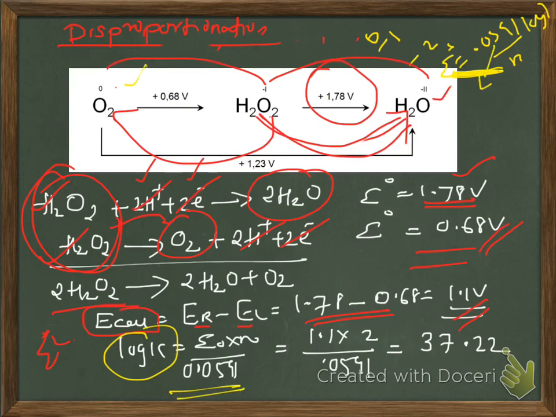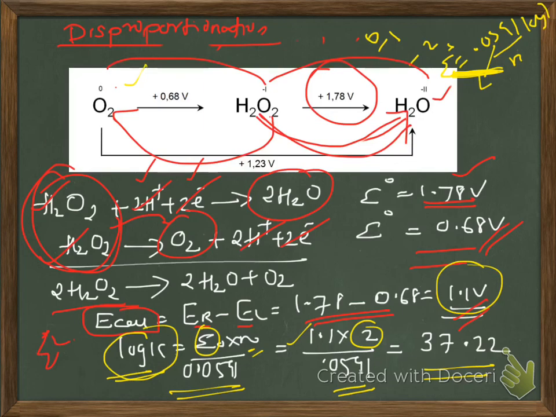E0 is 1.1, n is 2 electron change, divided by 0.0591. On solving it, we will get 37.22. This is the value of log K.